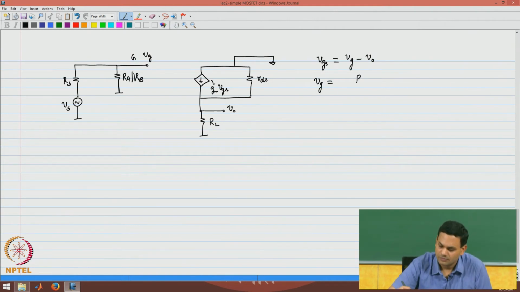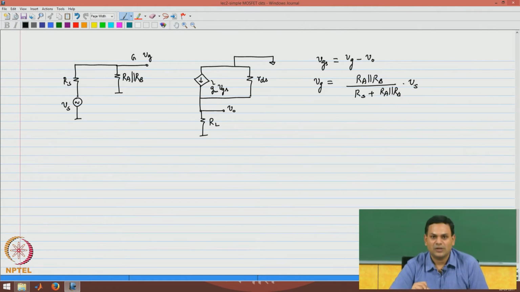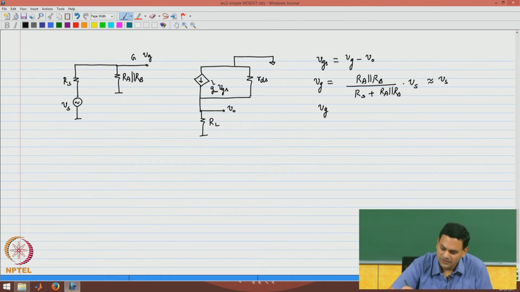VG is RA parallel RB by RS plus RA parallel RB times Vs, and as we know, normally we want all of the input voltage source to appear at the gate, and we will say this is approximately equal to Vs. And we know that will happen when RA parallel RB is chosen to be much larger than RS. In this case, VGS is approximately equal to Vs minus VO.